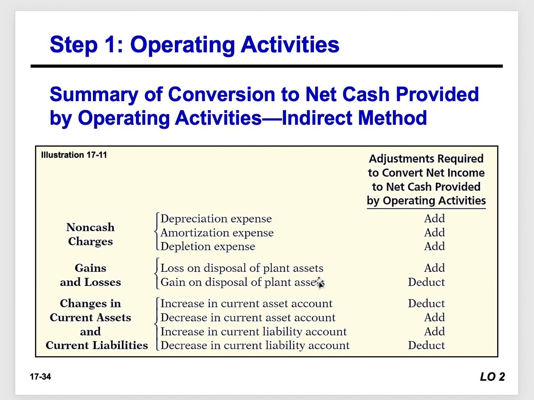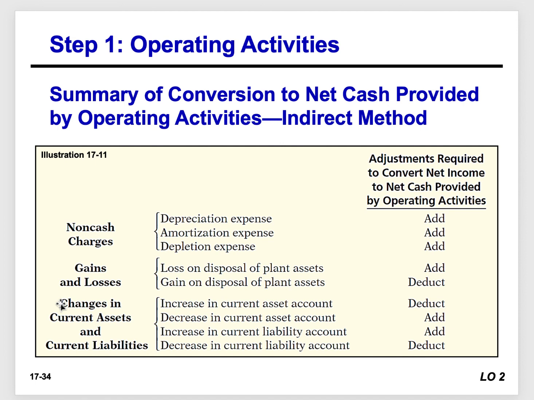We've got to add back any non-cash charges, so the depreciation, amortization, depletion expenses all get added back, right? Then we've got to look at our gains and losses, right? If we have a loss on disposal of a plant, we add it to net income. If we have a gain on disposal of plant assets, we have to deduct it, okay?